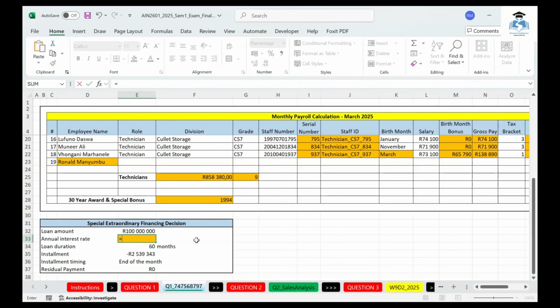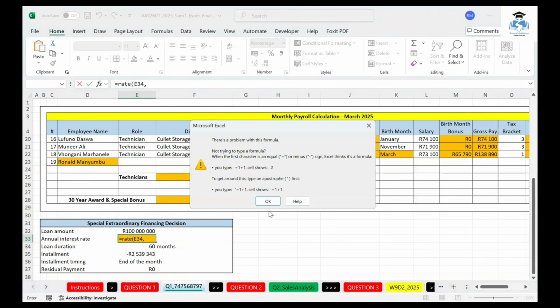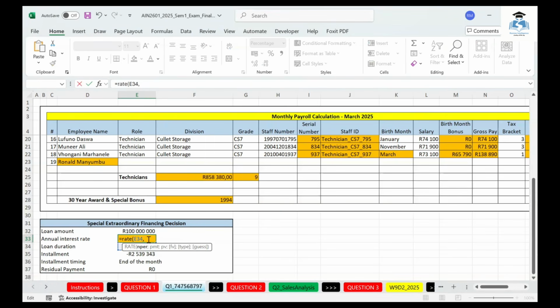So equals RATE. The period here, payment per month, PV, FV, end of month.